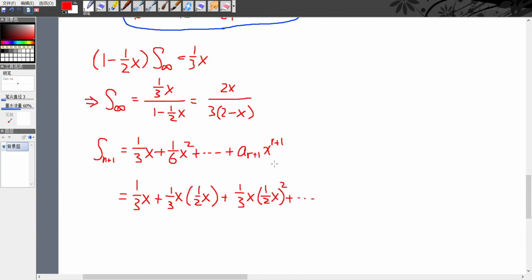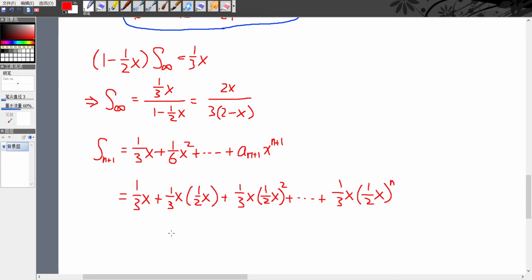So we have a total of n plus 1 terms comprised in this series. So the last term is just 1 over 3x times 1 over 2x to the nth.